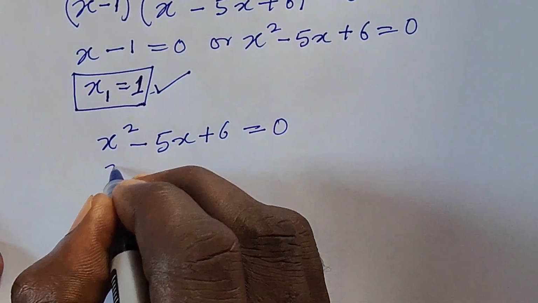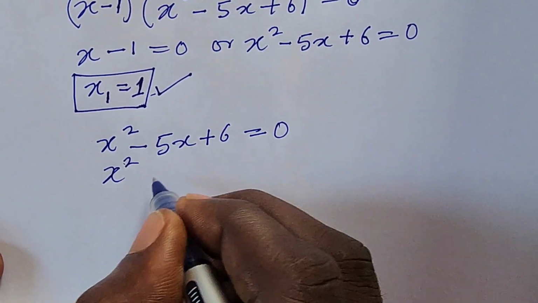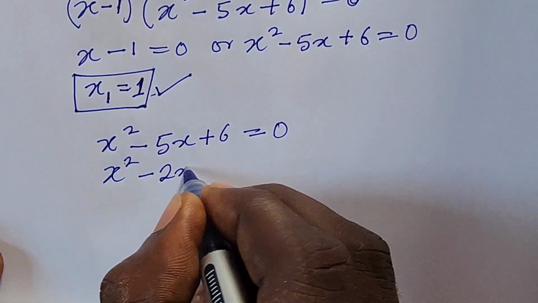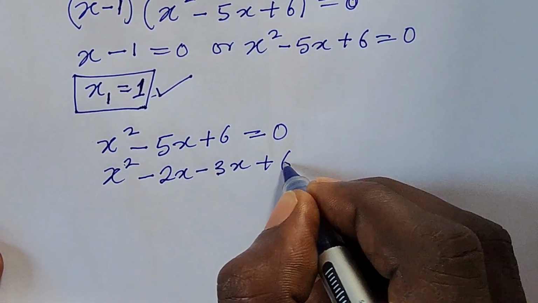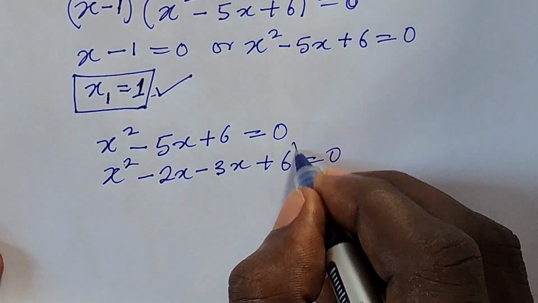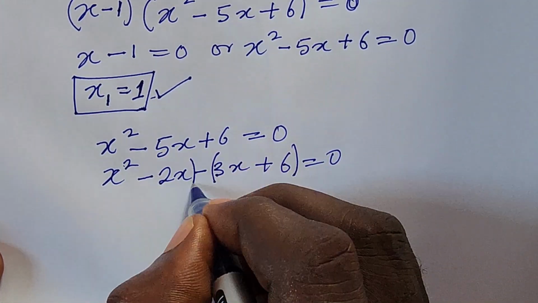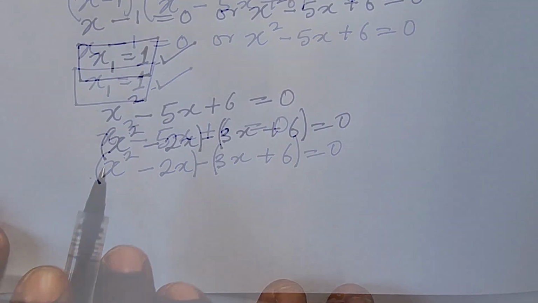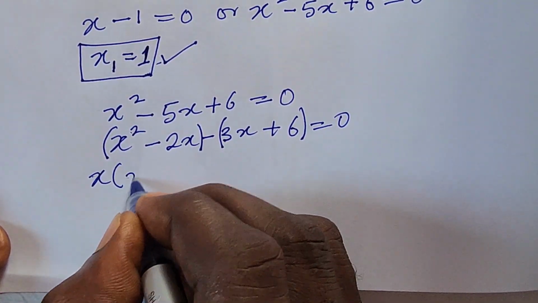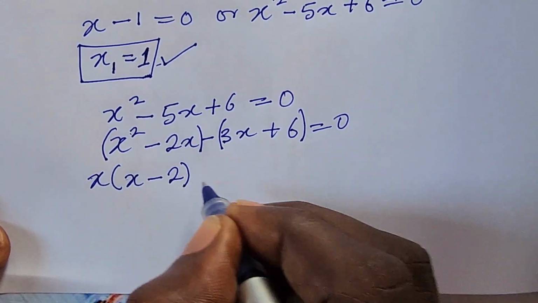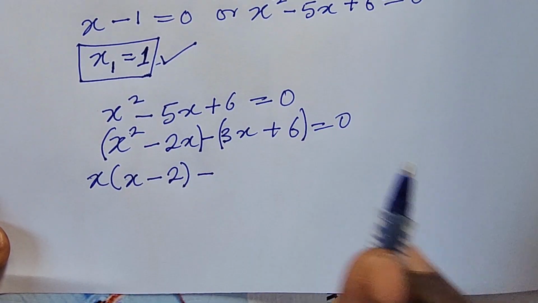So we can now rewrite this expression as x squared minus 2x minus 3x plus 6 equal to 0. We can now put this in brackets, also bracket this. What is common between this and this is x. So we now have x bracket x minus 2 close bracket minus, what is common here is 3.